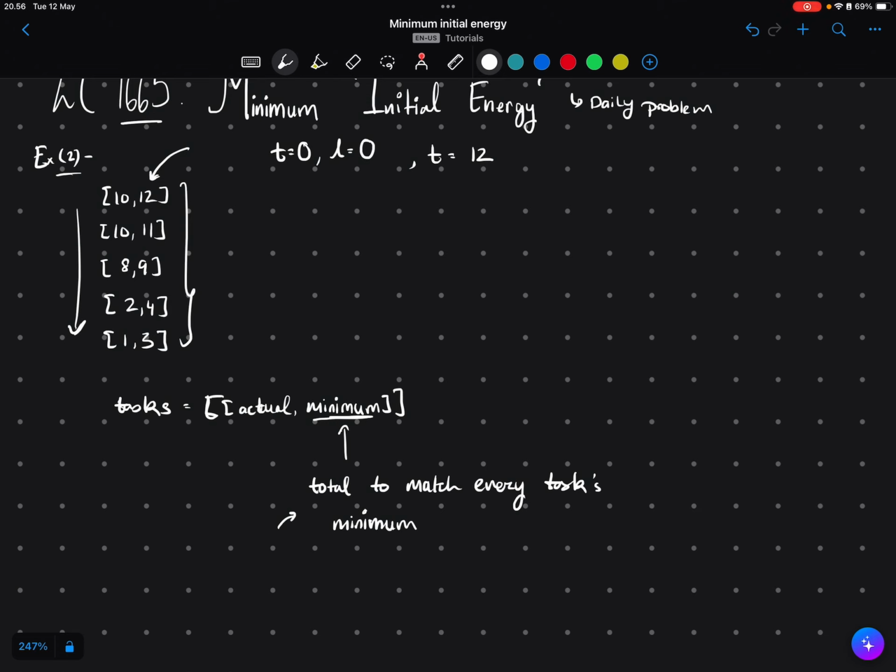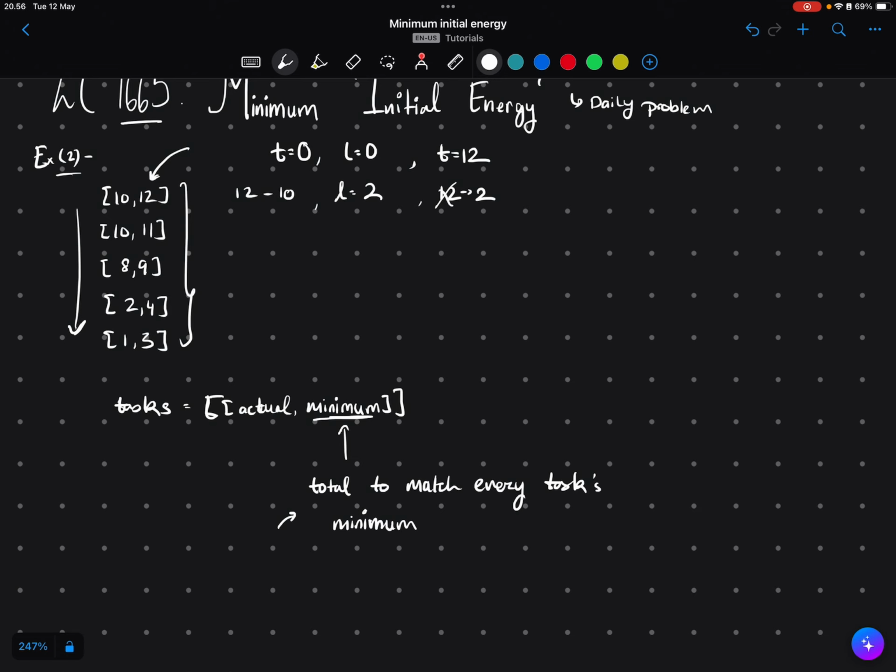So I take the 12, and once I do 12 minus 10, I will be left with 2. Sorry, that should have been an L. So T equals 2, L equals 0. I took the 12, I matched it, and then I took out the 10 and came to 2.